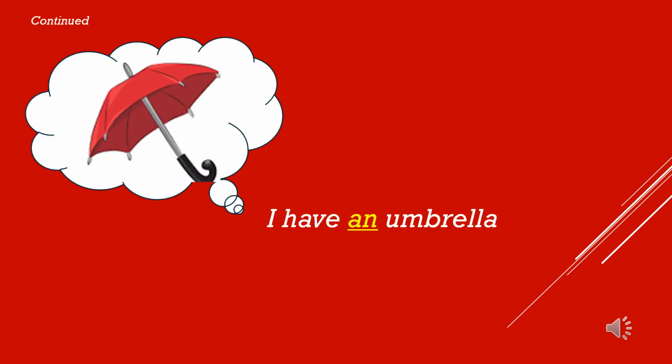So students, if it is a vowel sound, we will put an. So we will put an here. I have an umbrella. You can see on the screen, I have an umbrella. Is it clear, students? Okay.